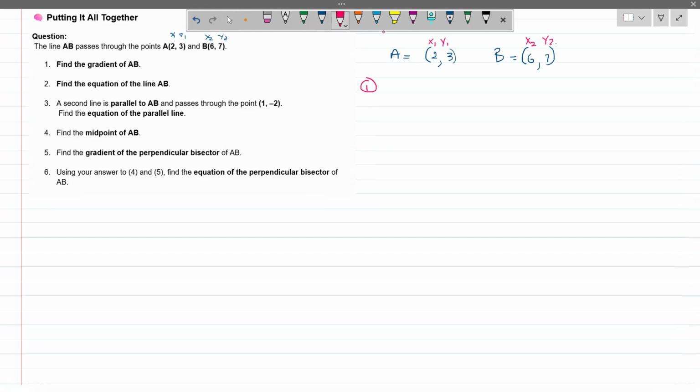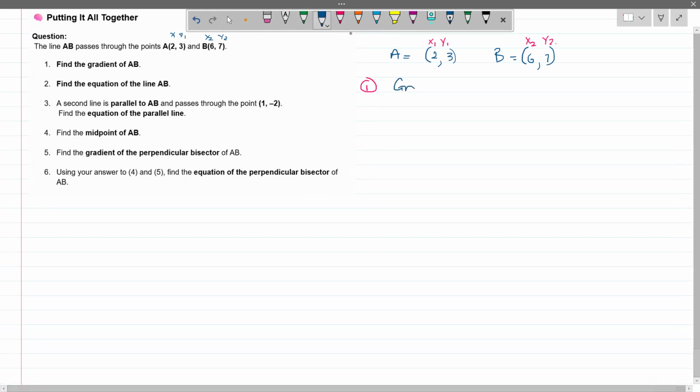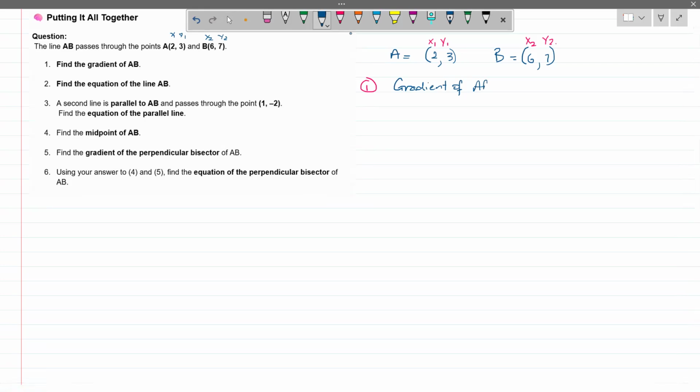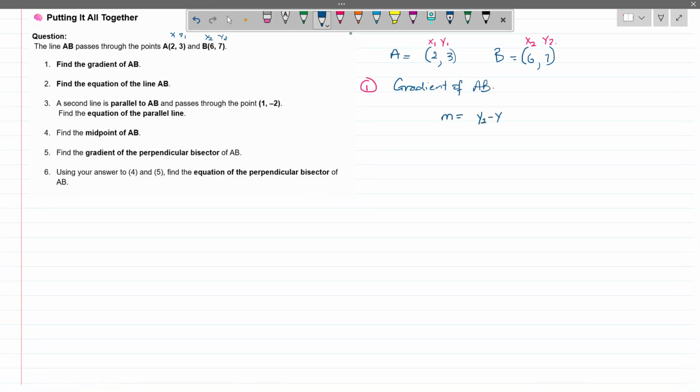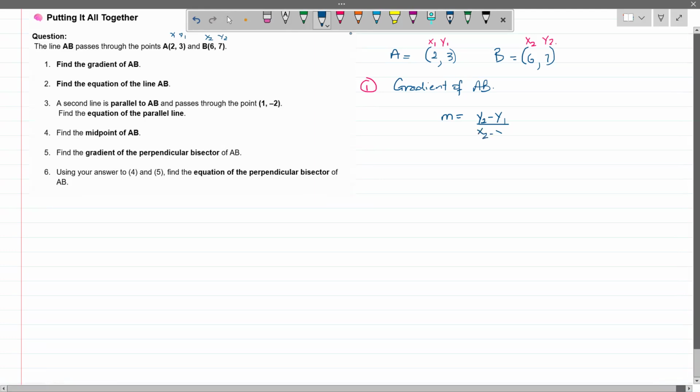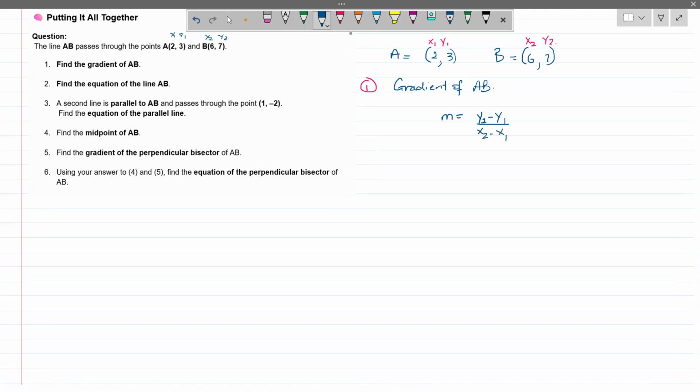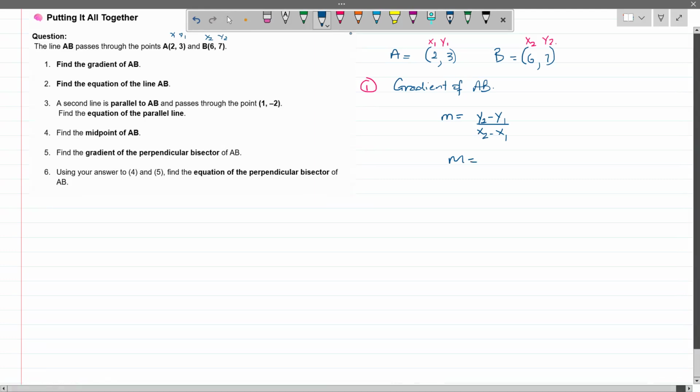Part 1, they want us to find the gradient. Put a formula: m is equal to y2 minus y1 over x2 minus x1. That's why we wrote these points on top. So we look above, y2 is 7, y1 is 3. We look below, x2 is 6, x1 is 2. m is equal to 4 over 2. m is equal to 2.